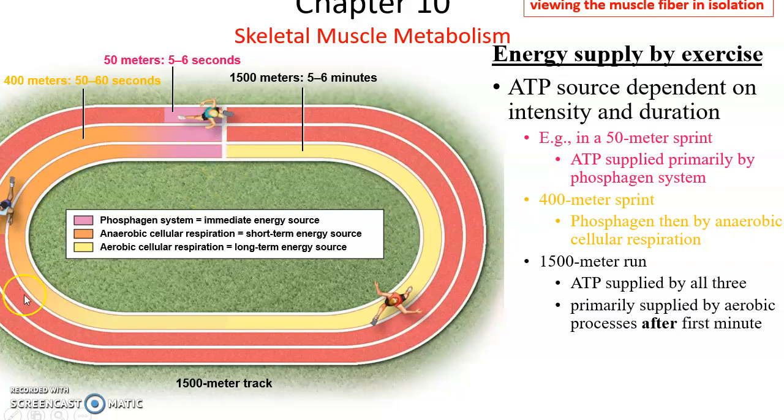And then you can have a massive run if you get a combination of all 3: phosphagen system, anaerobic cellular respiration, and aerobic respiration, because aerobic respiration, of course, gives us the most energy possible. So in a normal muscle fiber, they're using a combination of these 3, but we just talked about them in isolation to try to be a little more clear.